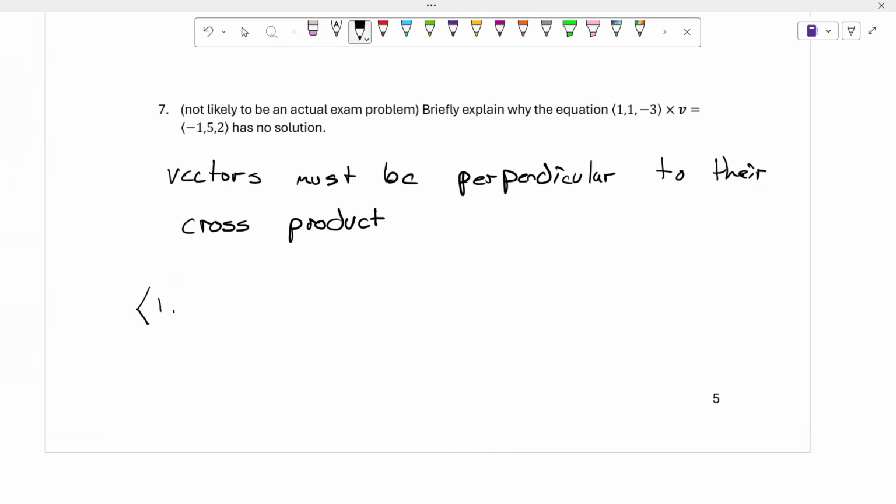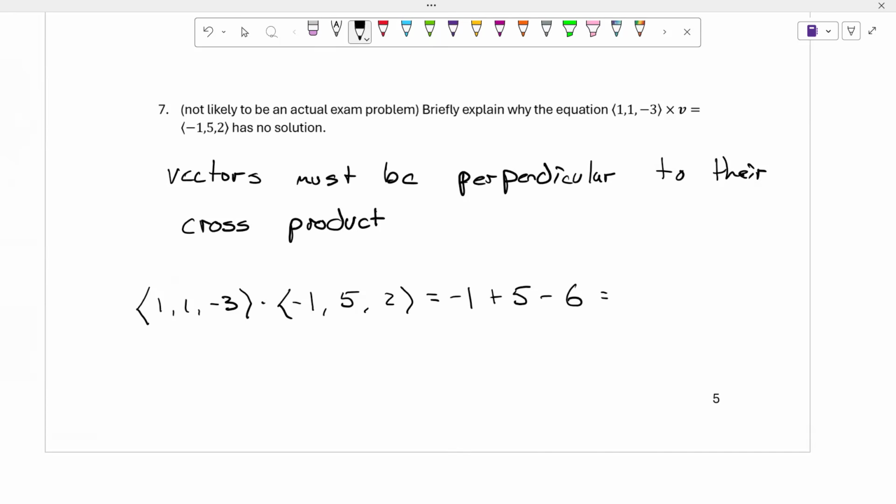So let's try that. (1, 1, -3) dotted with (-1, -1, 5, 2), which looks like -1 plus 5 minus 6. And what is that? 5 minus 6 is -1.